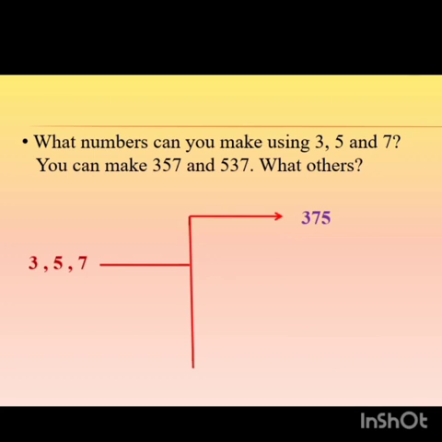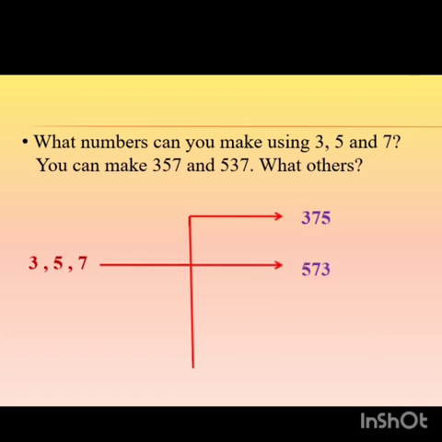Here you can see that if you fix 3 at the beginning, you will get 375 and 357. 357 is already given. Now come to the next number.